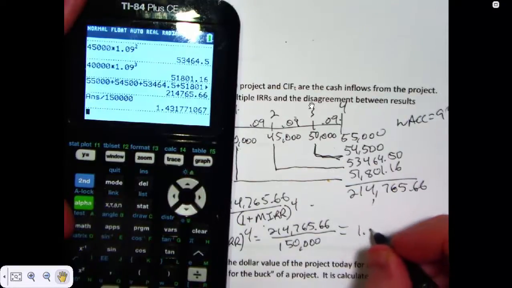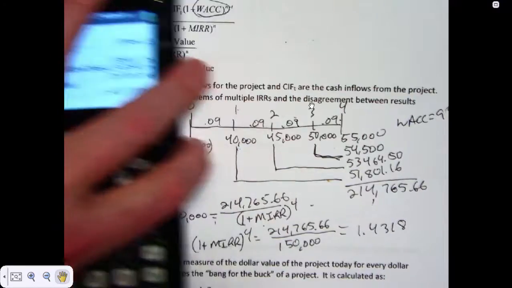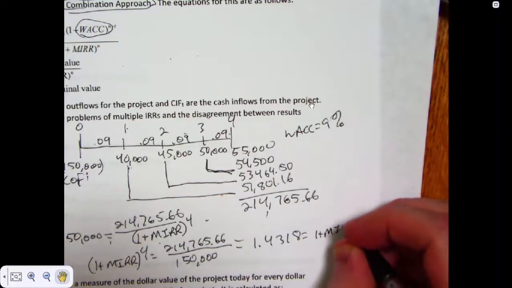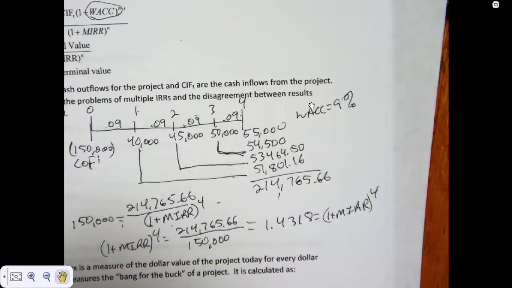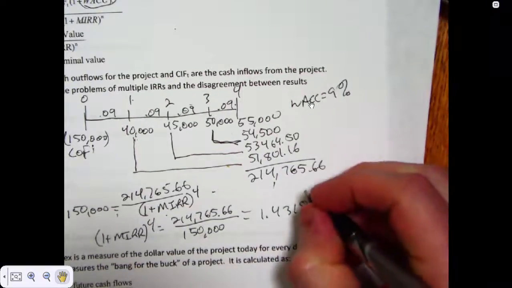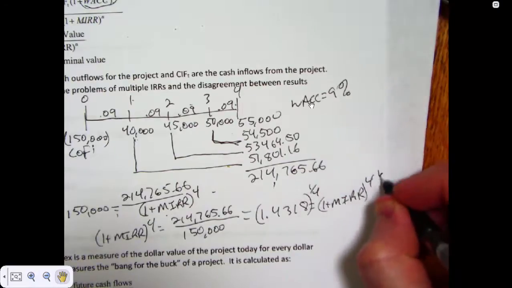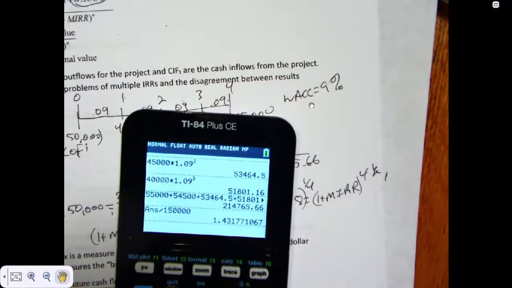So that's equal to 1 plus MIRR raised to the 4th power. So now what I need to do is take the 4th root of both sides. So I'm going to take 1.431771067, or you can just round that like I did on the page, raised to the 0.25 power, the 1/4 power.